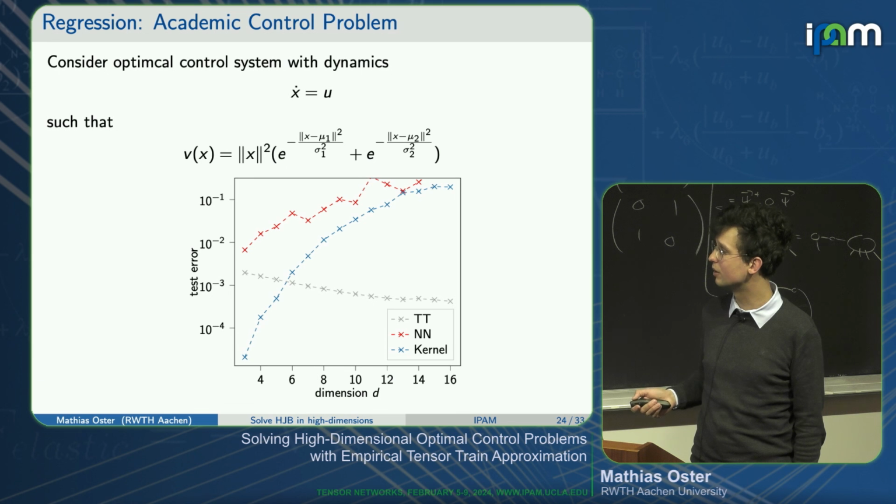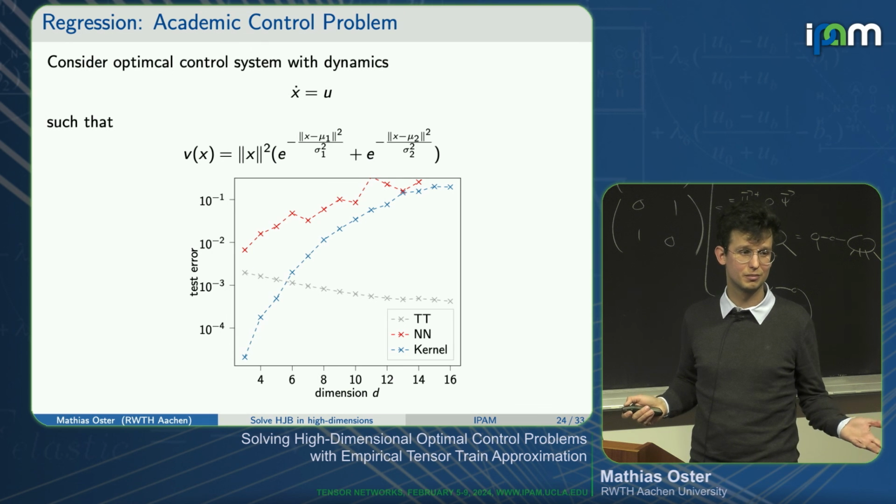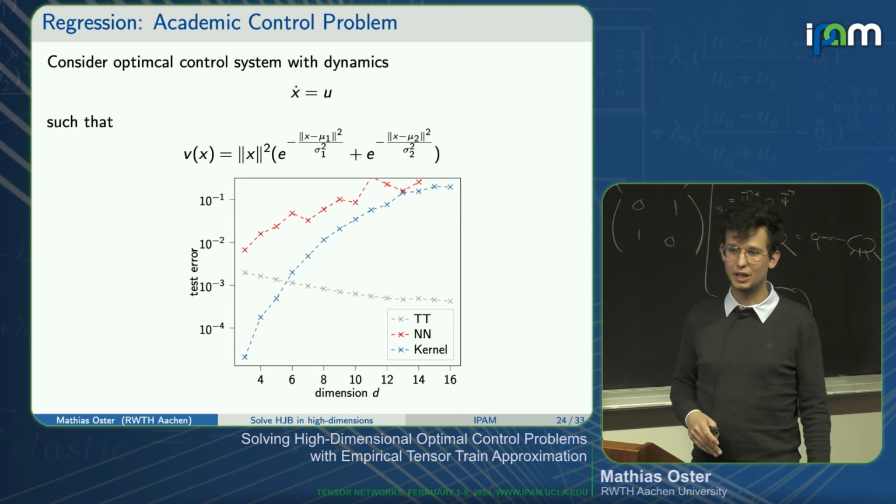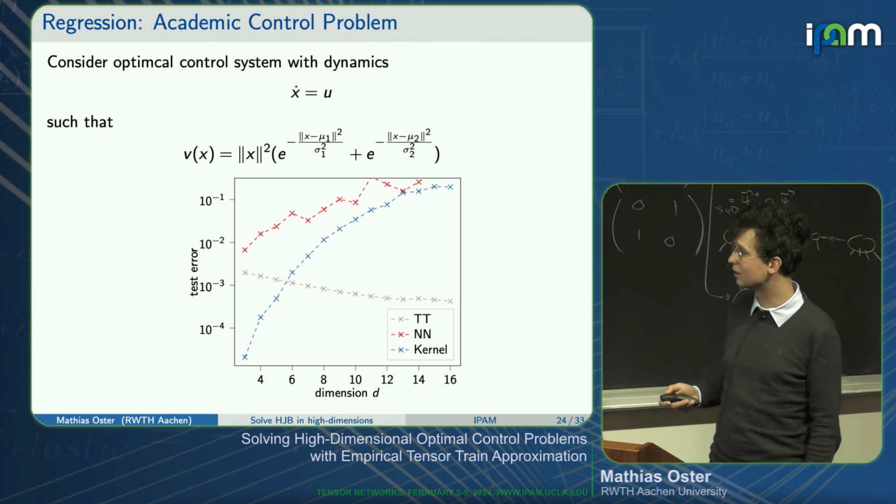We started with dimension 3 and went up to 16. This is the dimension of this X. And you can see, very surprisingly, that the TTs actually get better with increasing dimension. This is also sometimes observed in machine learning, that high dimensions maybe actually help, but nobody knows why exactly.